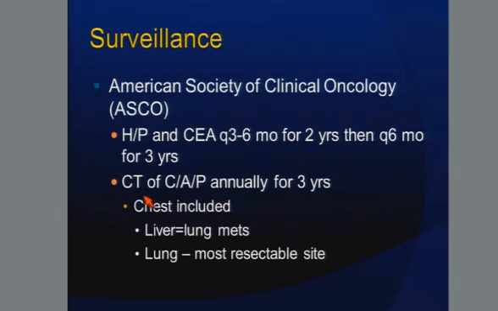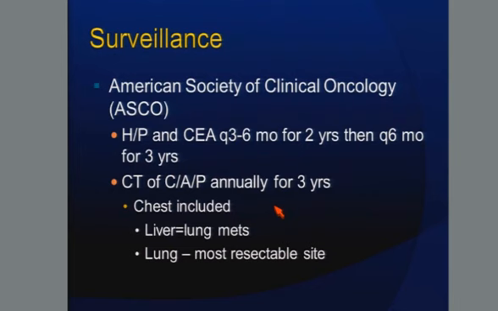In fact, the American Society for Clinical Oncology recommends a chest, abdomen, pelvis for the first 3 years postoperatively, and always include the chest because the lung is an equivalent anastomotic bed or a metastasis bed to the liver. So you don't want to exclude the chest when you're re-imaging these patients.